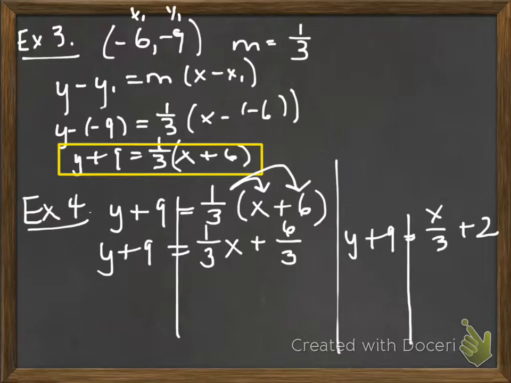So if I come back over here, I get y plus 9 equals 1/3 x. I'm going to go ahead and reduce now, plus 2. You can see here that plus 2 comes out to be the same, right?